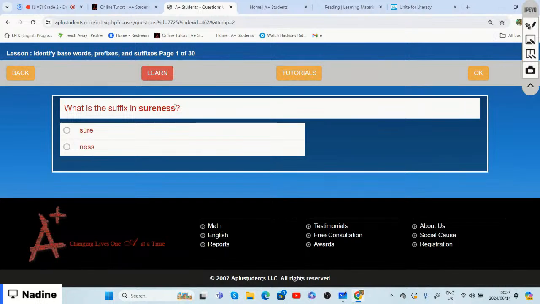The suffix is a word that is added at the end, at the back of a base word. So is it sure or is it ness? Which word cannot stand on its own? Can sure stand on its own? Can ness stand on its own?